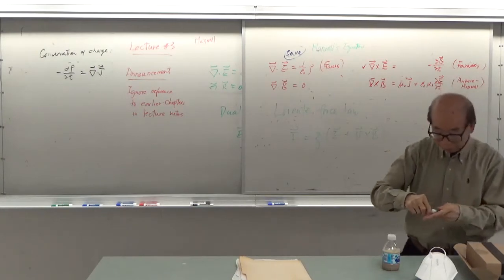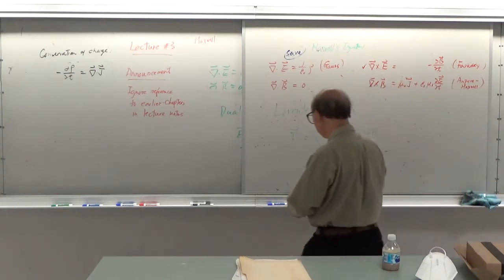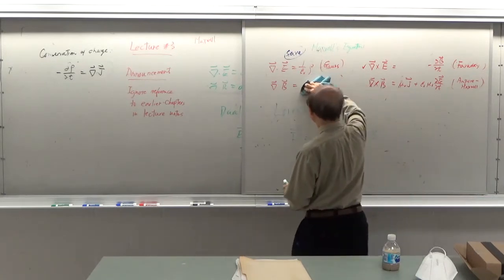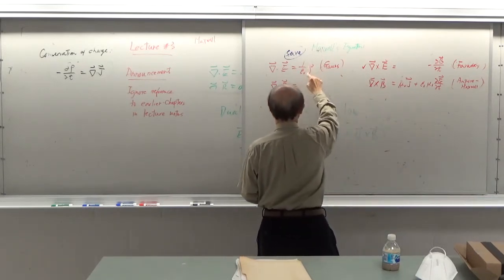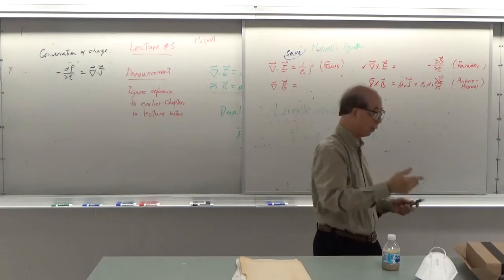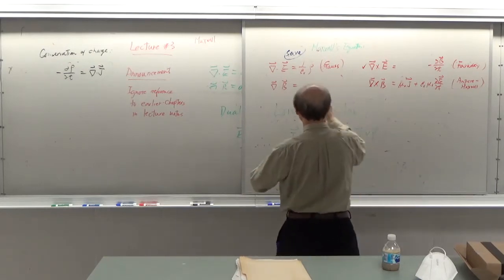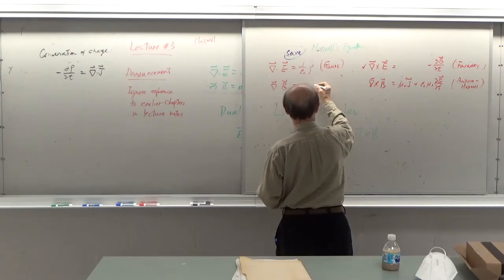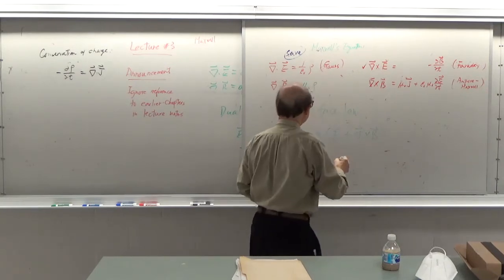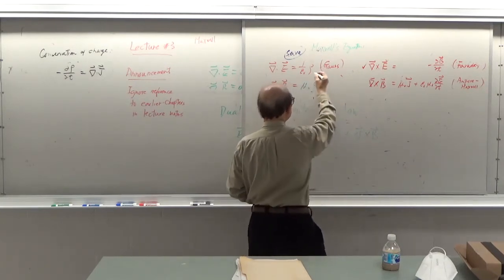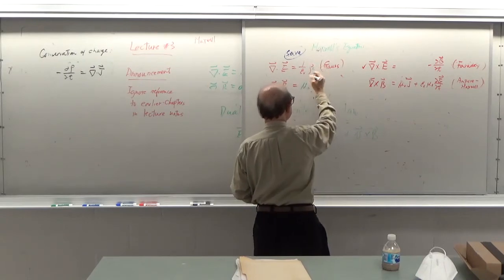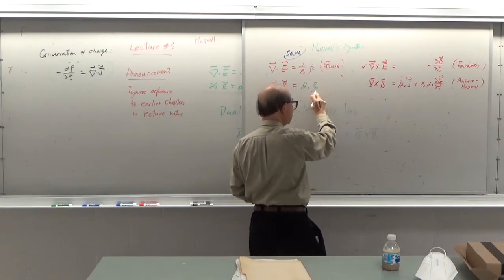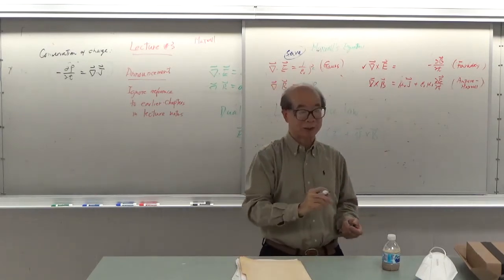And let me do that. And I anticipate that one over epsilon naught will be replaced by mu naught. And let me put in the magnetic charge density. And let me, in fact, put in subscript E here for this electric charge density, and put a subscript M here to denote magnetic charge density.